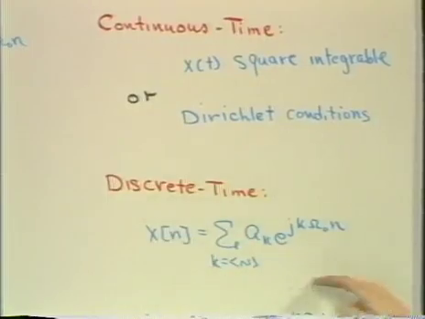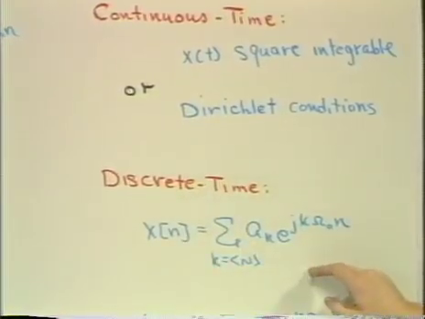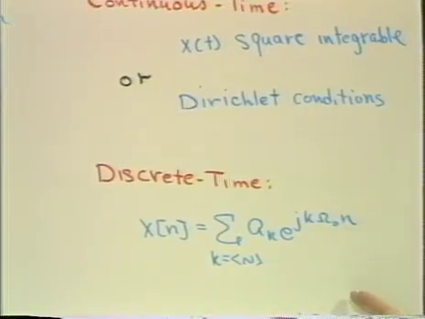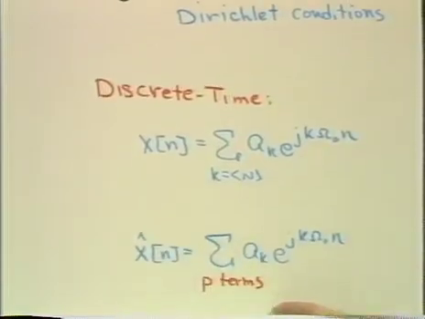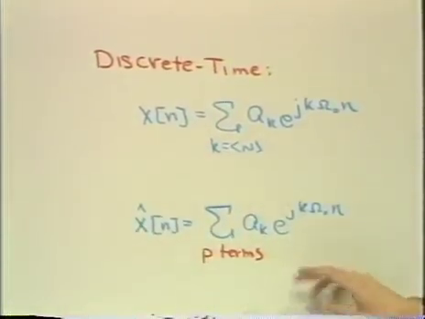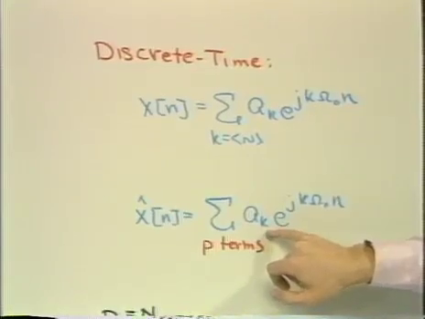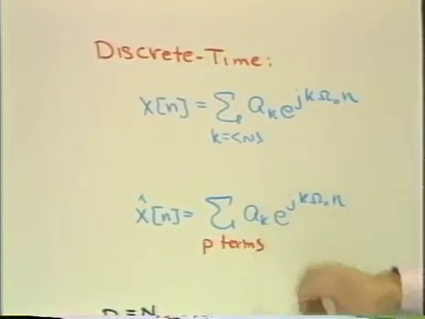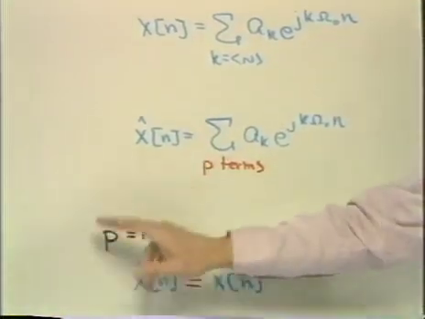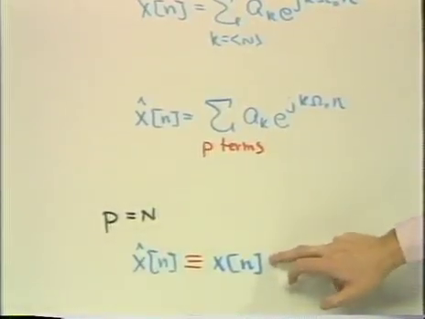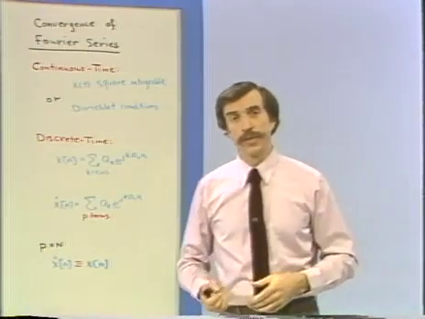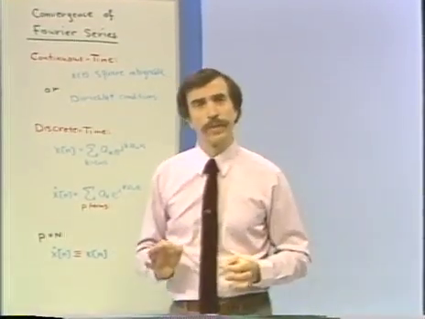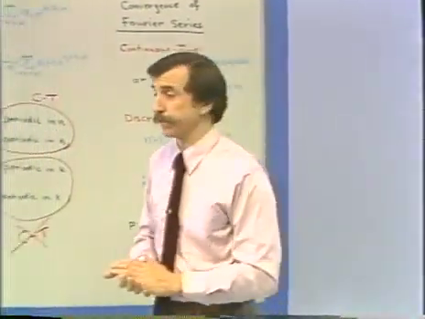This represents capital N equations and capital N unknowns. If we consider the partial sum, namely taking a smaller number of terms, then as the number of terms increases to the finite number required to represent x of n, we simply end up with the partial sum representing the finite length sequence. What all that boils down to is the statement that in discrete time, there really are no convergence issues as there were in continuous time.